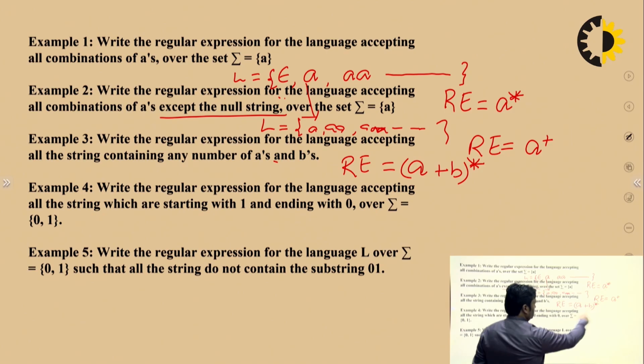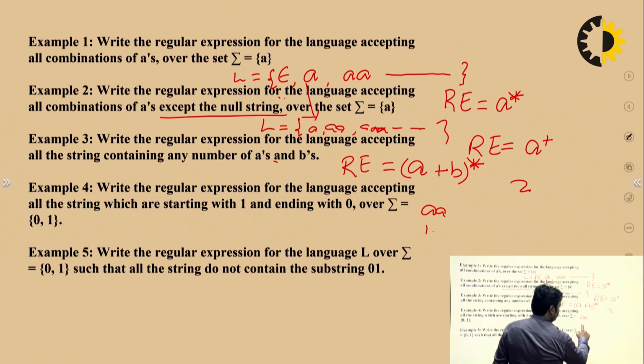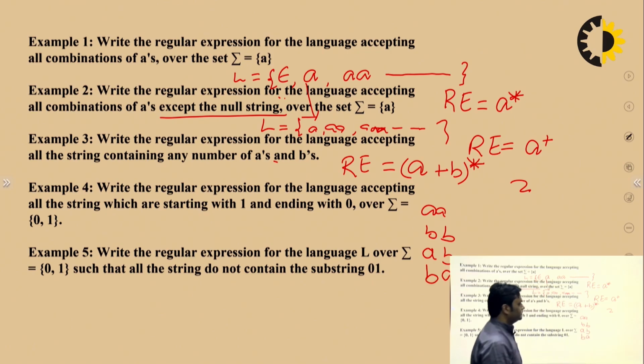If the occurrence is 2, then the strings AA, BB, AB and BA will be accepted, and so on. If the occurrence changes, then the value will change accordingly.